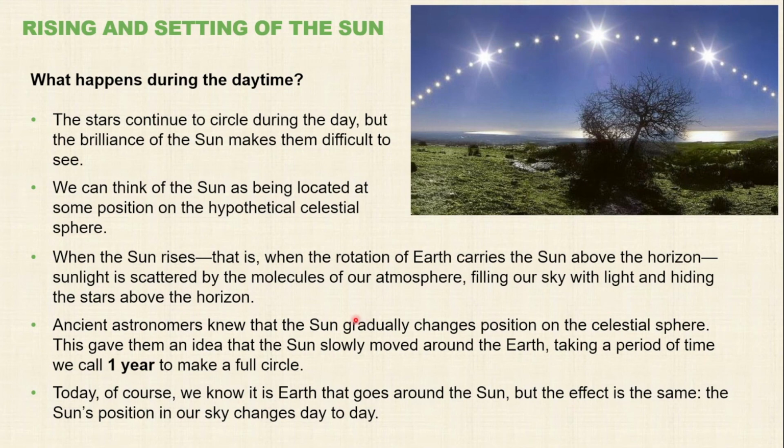It would take 1 year for the sun to make a full circle, and now we define 1 year as the time it takes for the Earth to go around the sun, or 365.2422 days.